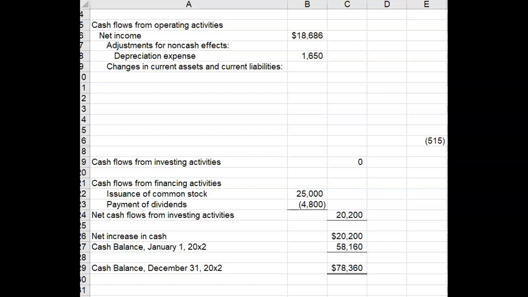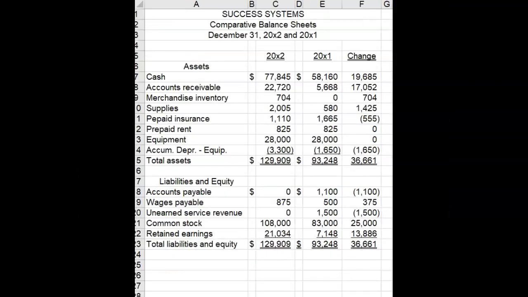After listening to the following directions, I would like you to pause your video and complete the rest of the operating activities section of the statement of cash flows. The comparative balance sheets for Success Systems as of December 31st, 20X1 and 20X2 have been given to you. And I already calculated the change in the account balances for you.